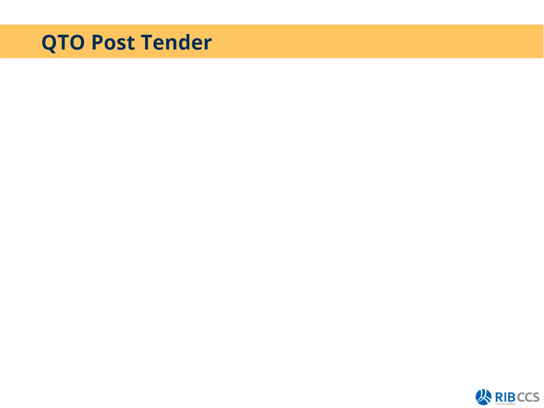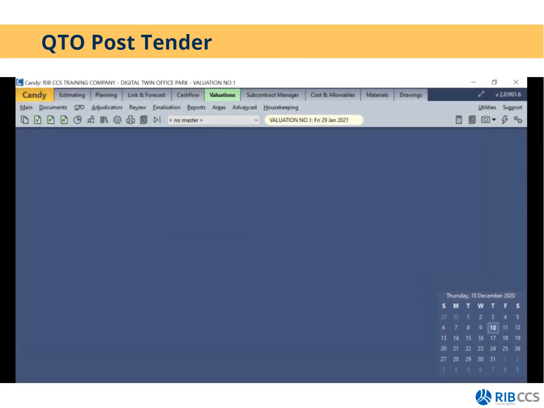Okay, next we're going to look at QTO post-tender. So QTO is Candy's very own on-screen quantity takeoff system that can then be used to measure your bill, or if you're running a project on site, it can be used to measure your progress measurements for this project.